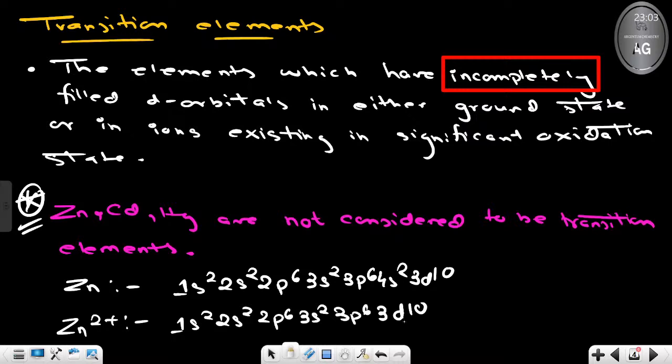Therefore they are not considered transition elements. But we will study them under d block elements because of their similarity in properties with the d block elements. They are not considered transition elements because of the absence of unpaired electrons in the ionic or ground state. Clear? Zinc, cadmium and mercury, these three are the exceptions. They are in the same group, so obviously they are going to be considered non-transition elements. All right, clear with this?